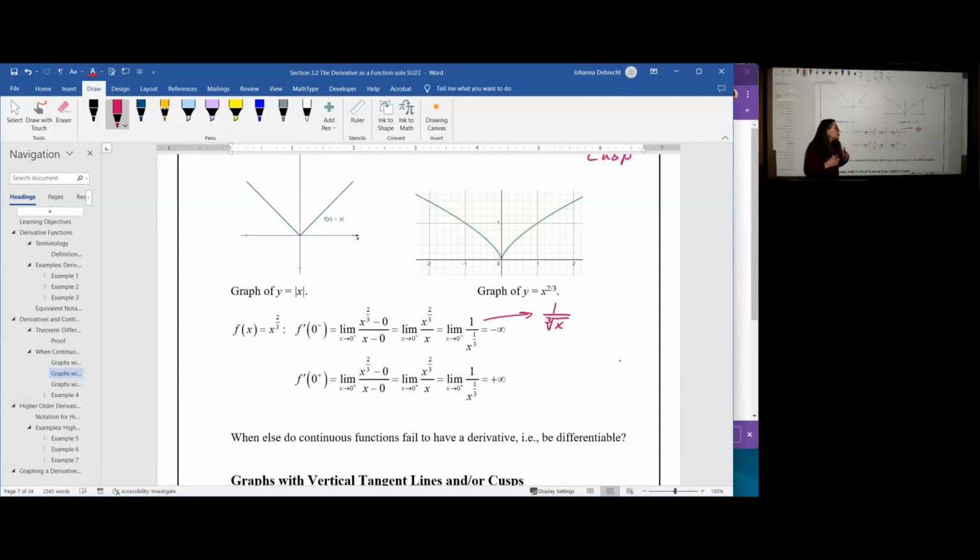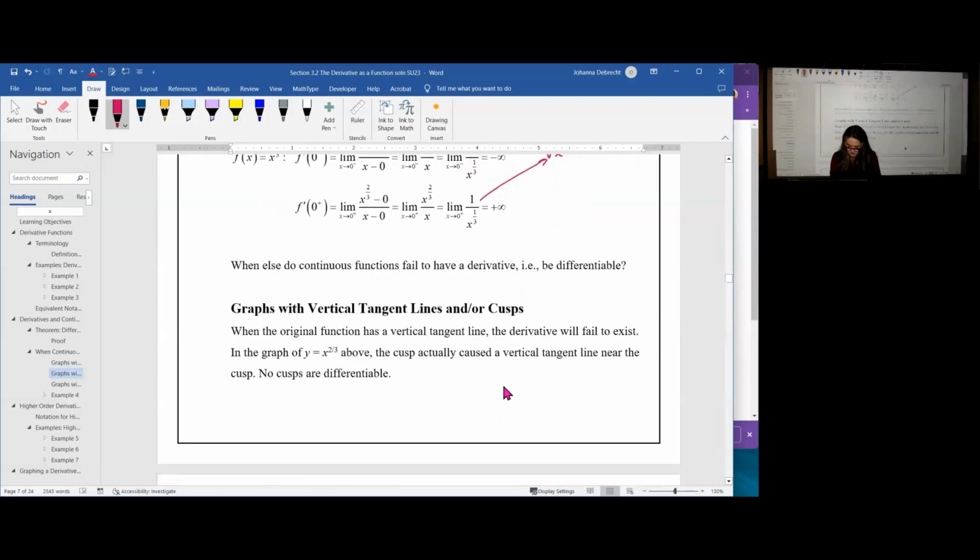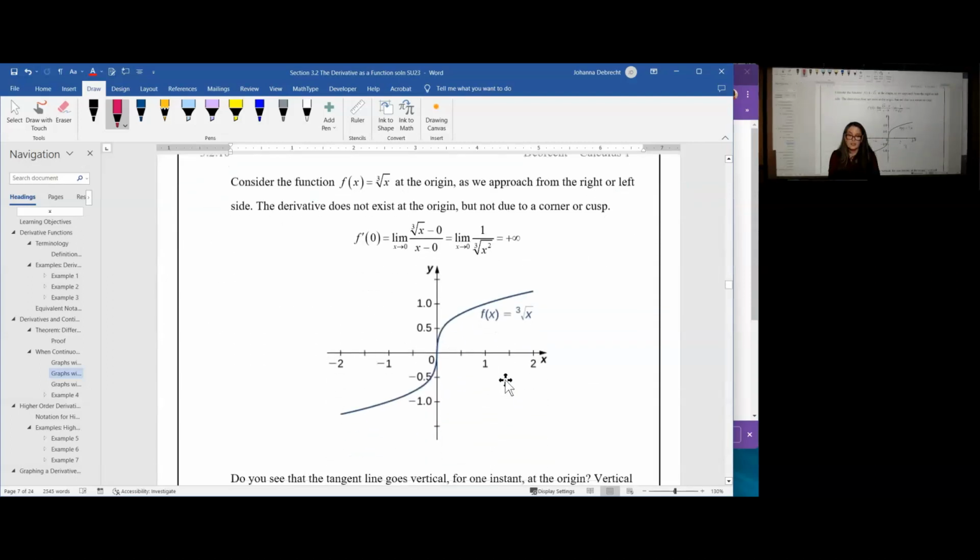Now, I'm looking at numbers that are approaching 0 from the right. Now, the graph of the cube root looks like the following graph. This is the graph of the cube root.